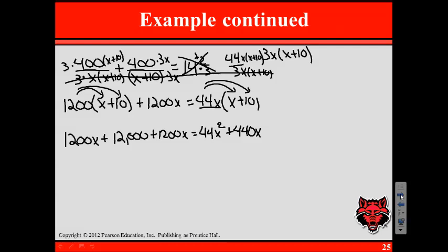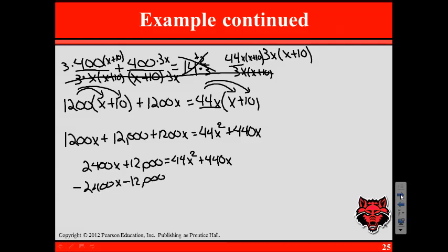So we continue by combining like terms, and that will give us 2400x plus 12,000 equals 44x squared plus 440x. So we subtract 2400x from each side. We also subtract 12,000 from each side.